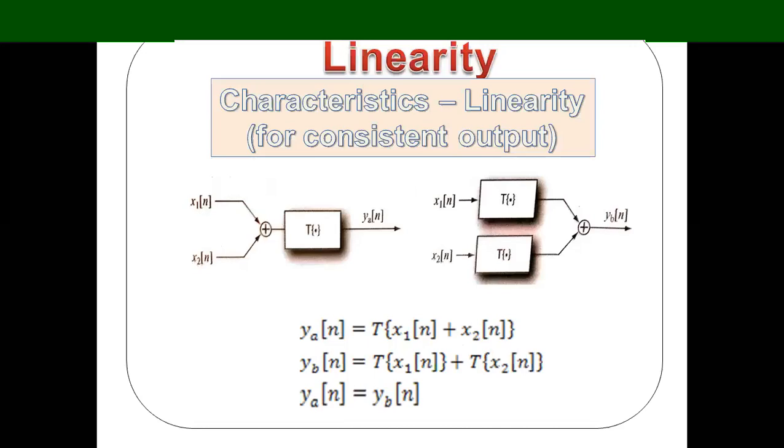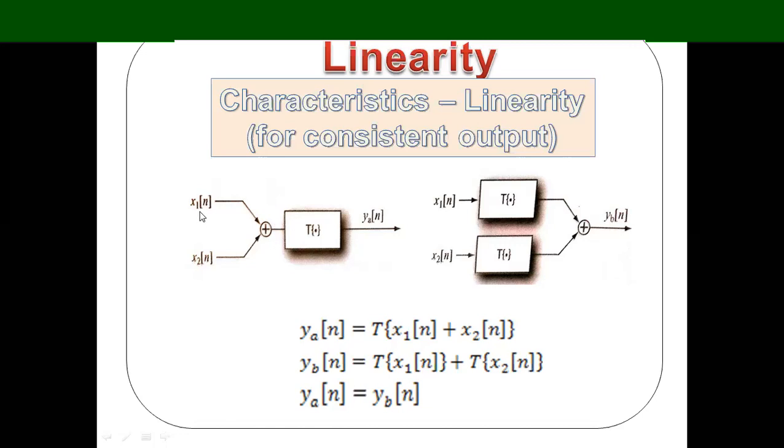Let's have a look at the linearity property. The ideas of linearity should be the same as what we learned yesterday. These are the techniques for testing the system's linearity, in which there are two methods. The first one is by formulating two inputs, x1[n] and x2[n].